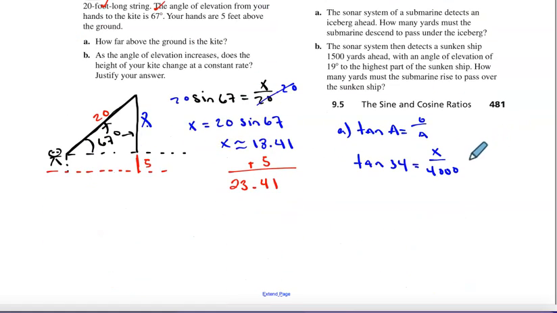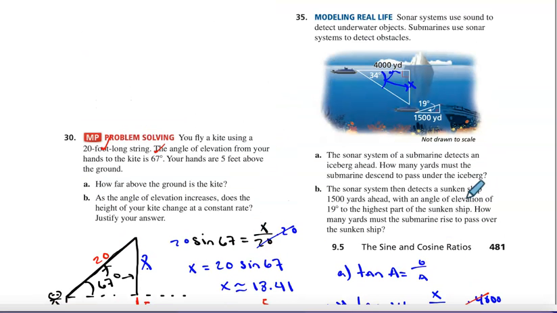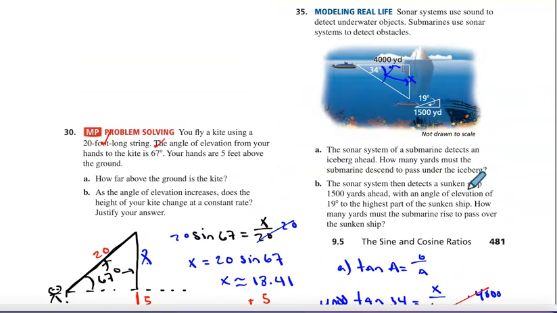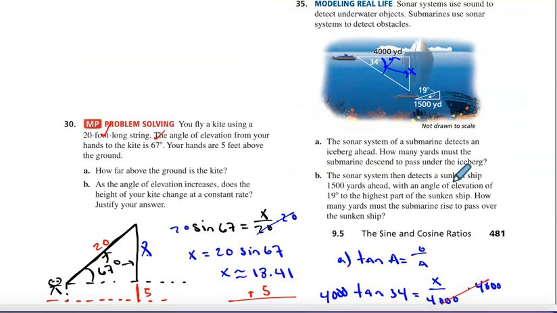I'm just going to multiply both sides by 4,000 to get that. So x is equal to 4,000 tan 34. I'm looking at about 2698.03, rounding to the hundredths. So that's how many yards it must descend.